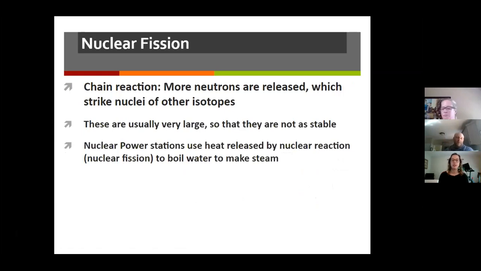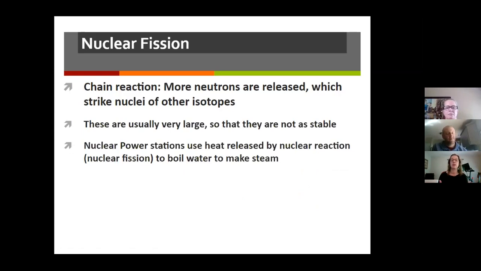Nuclear fission causes a chain reaction. That means that more neutrons are released. You saw in the last slide that part of what initiated the reaction was the neutron bombarding the original isotope, and as a product, 3 neutrons were released. When those neutrons strike nuclei of other isotopes, it creates a domino effect, or chain reaction.